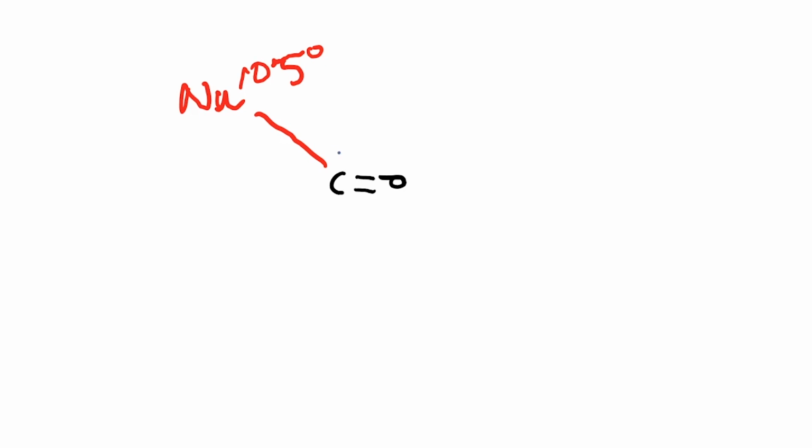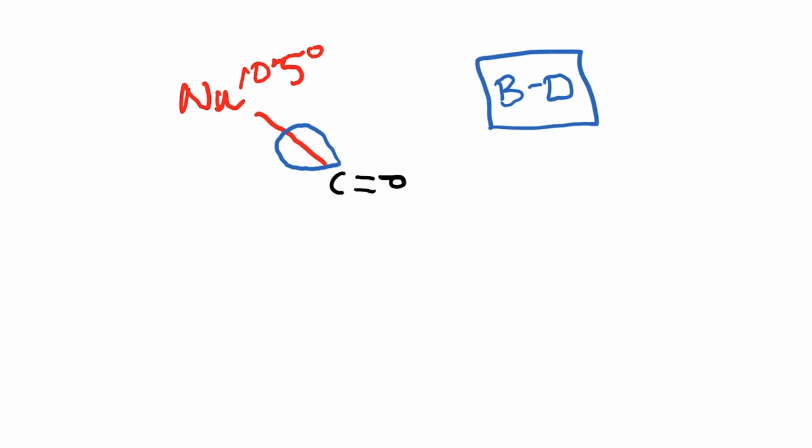One is the pi star is also not at 90 degrees, and the angle at which the nucleophile interacts with the carbonyl in solid state, which is called the Burgi-Dunitz angle, is also not 90 degrees. So the traditional picture that we understand where C double bond O interacts with the nucleophile at 90 degrees is false. Okay, so it's more likely that it attacks at an angle.